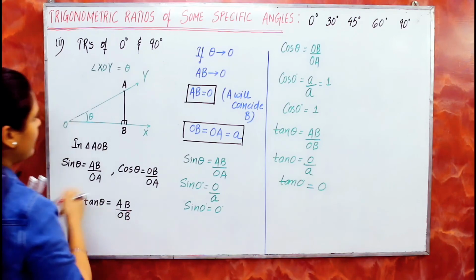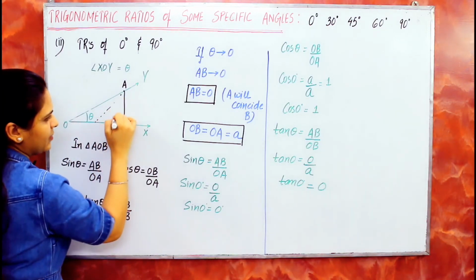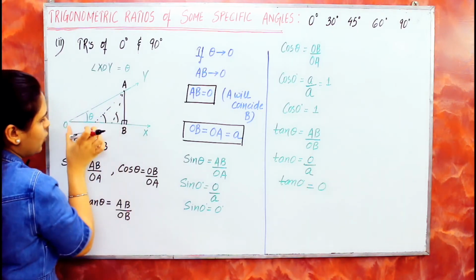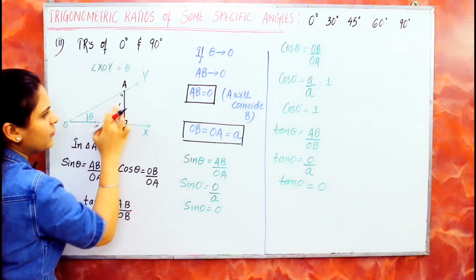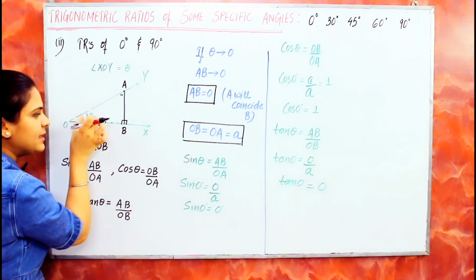Similarly, when we increase the value of theta, the side OB will decrease and then a point will come when OB will become equal to 0 and theta will become 90 degrees.